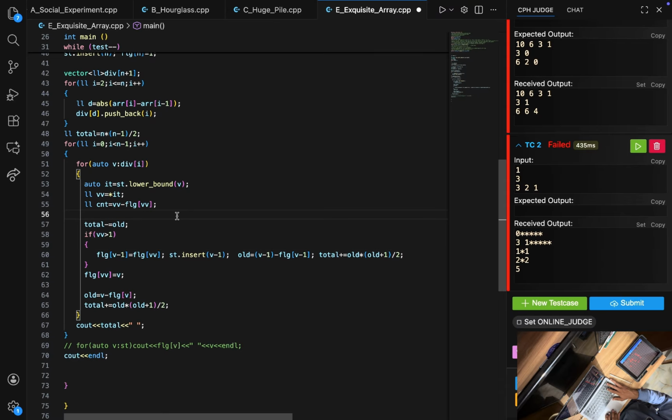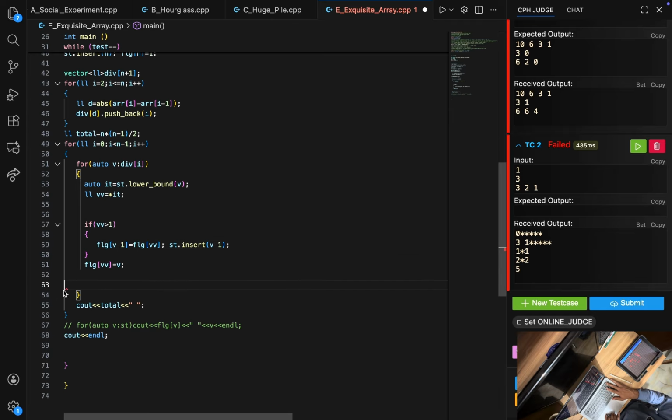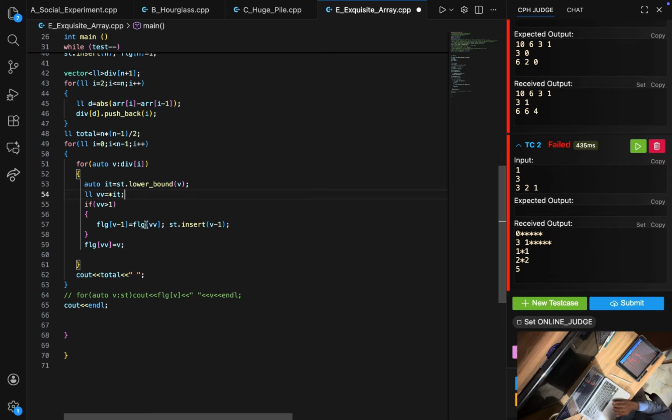Let's remove the calculation part. Okay, if that's true, I'm just doing that and that. Otherwise flag equal to v, just redirecting. Yeah, looks good.